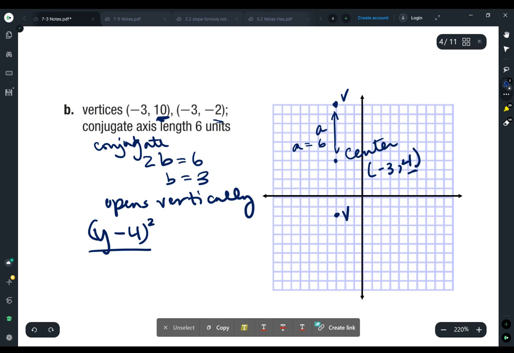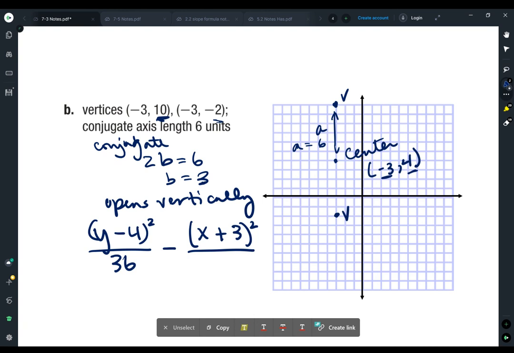Up and down in the y direction was 6 units, so 6 squared is 36, minus x minus, my x value here is a -3, so plus 3 squared, over. In my x direction, that's going to be b. That's my less important direction because it's not opening in the x direction. So 3 squared is 9, and then I have equals 1.